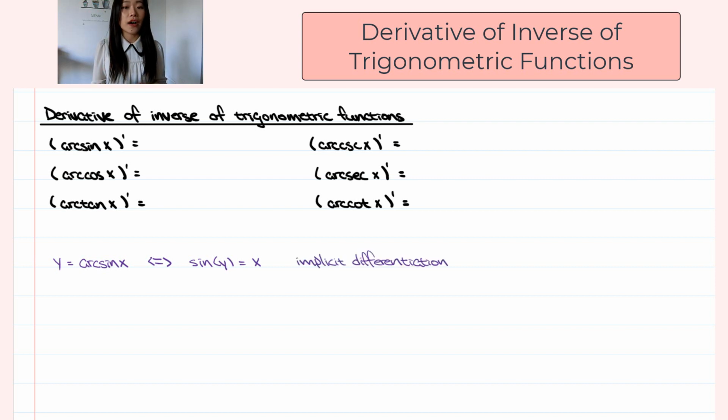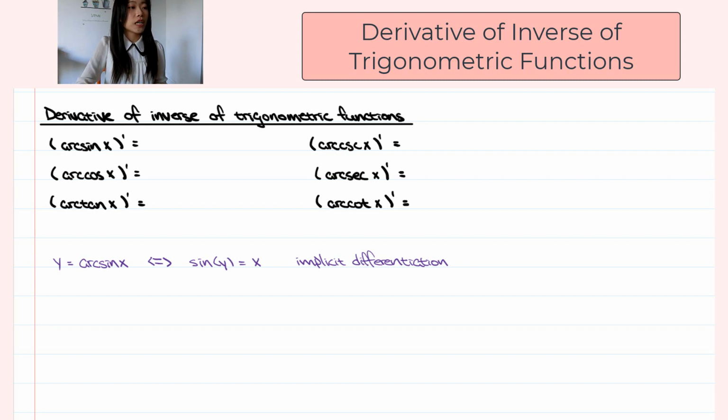I have another video on implicit differentiation, so if you want to review the video, I'll put the link up there. The step for implicit differentiation is we take the derivative on both sides and assume that y is a function of x. So when we have derivative of y, we have to remember to use the chain rule since y is a function of x.